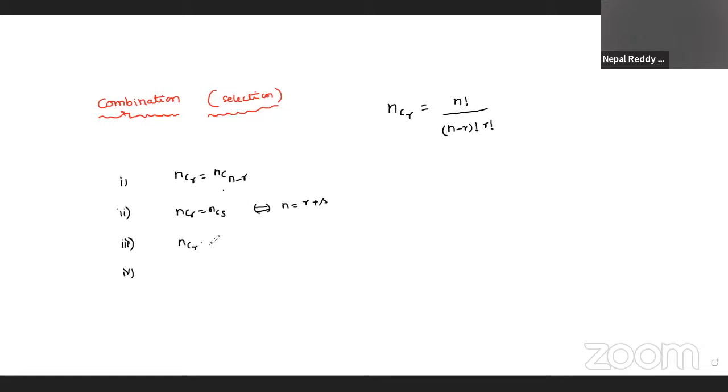Next, nCr plus nC(r minus 1) is equal to (n plus 1)Cr. And nCr can be written as n by r times (n minus 1)C(r minus 1). These are the properties of nCr. Let us discuss the problems based on it.